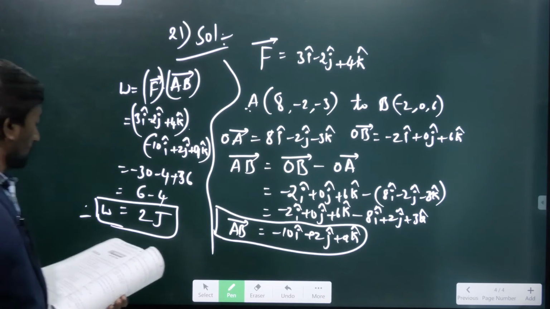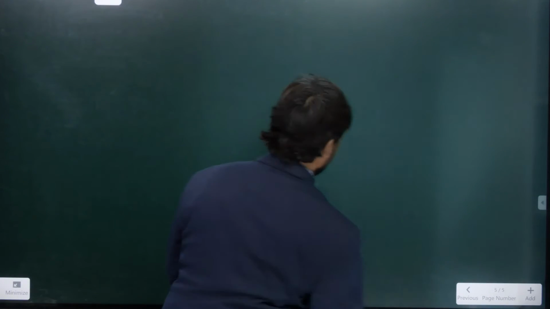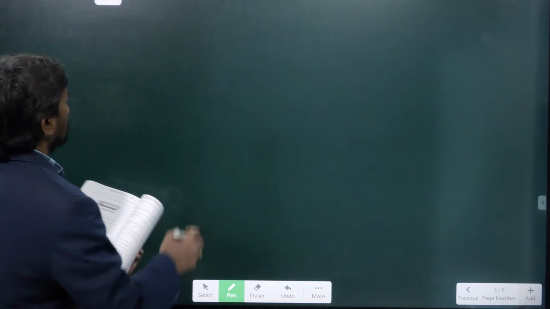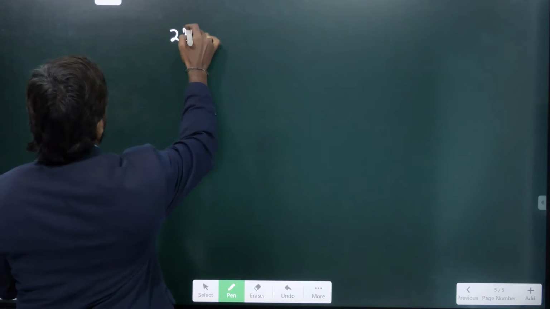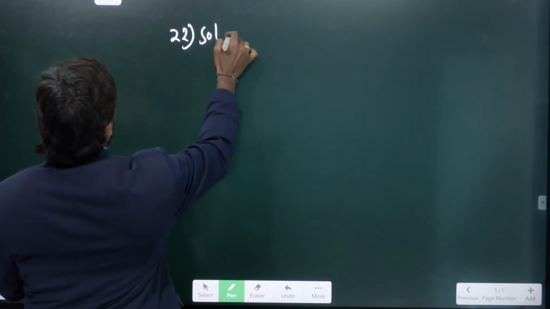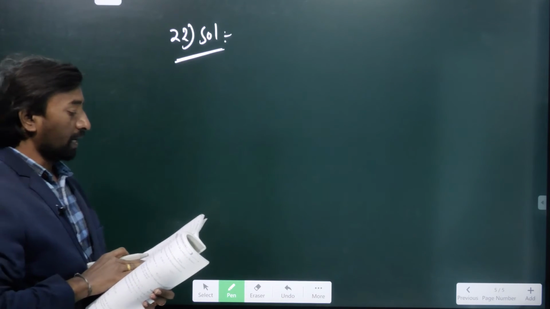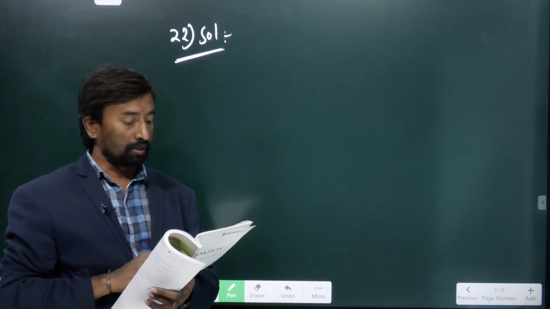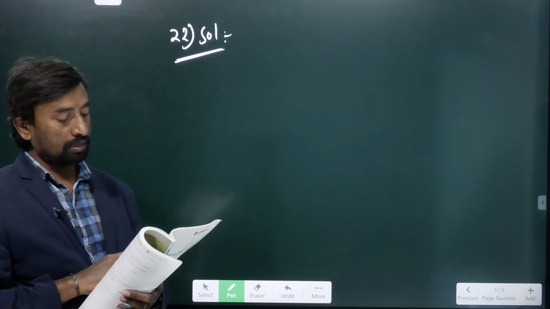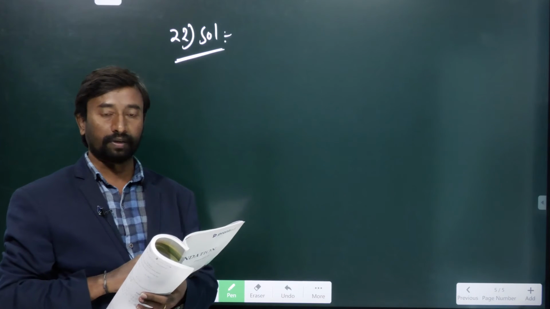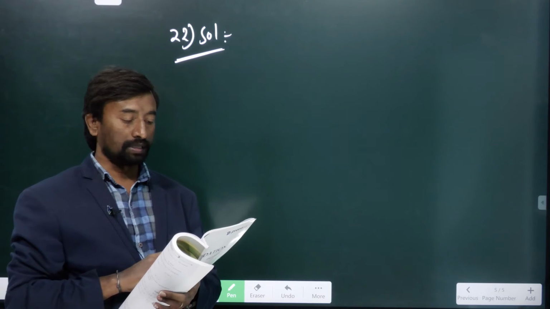So next, the 22nd one. When a force vector F bar, the 22nd one is also the same as that, but here they are asking for the power. F bar equals i cap plus 2 j cap plus k cap newtons, acts on a body and produces a displacement S bar equals 4 i cap plus j cap plus 7 k cap meters in 1 second.